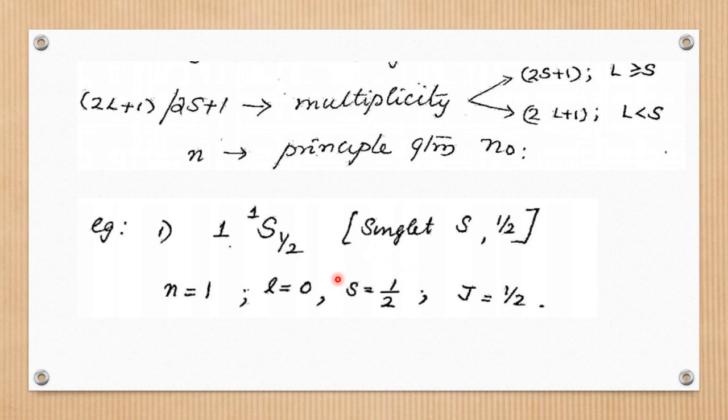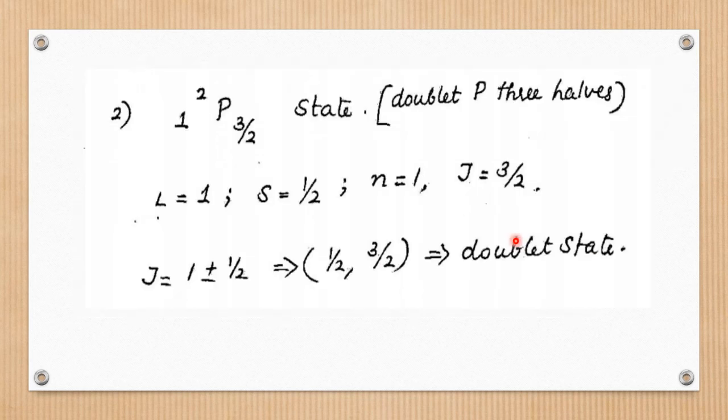So S is equal to half, J is equal to 1 by 2. According to this term, you can deduce all the quantum numbers of that electronic state: n, L, S, and J. This is read as 1 singlet S half.